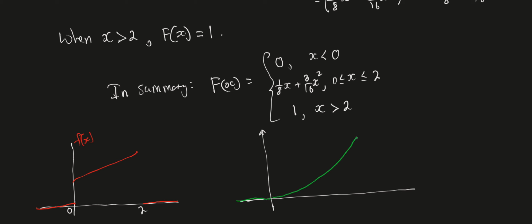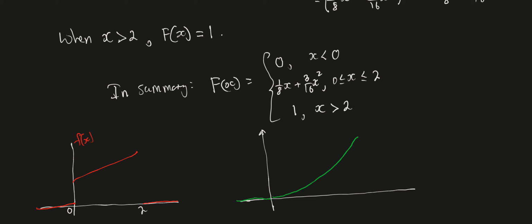And then as soon as you get to 2, let's see, is there a jump at 2? From this side, it has a constant value of 1. If I plug 2 into the middle piece, I will have 1/4 plus 3/4, which is also equal to 1. So again, there is no jump.